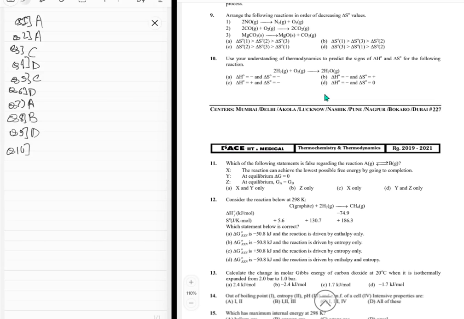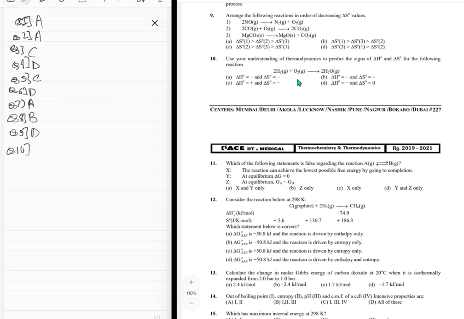Question number 10. Use your understanding of thermodynamics to predict the signs of delta H and delta S of the following reactions. So 3 moles to 2 moles, all gaseous. The cool thing about entropy is that it heavily depends on the number of moles in the container. Over here it's going from 3 to 2, so delta S is probably decreasing.